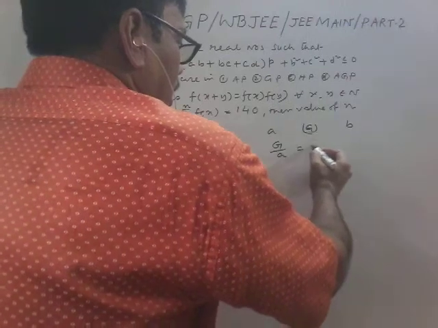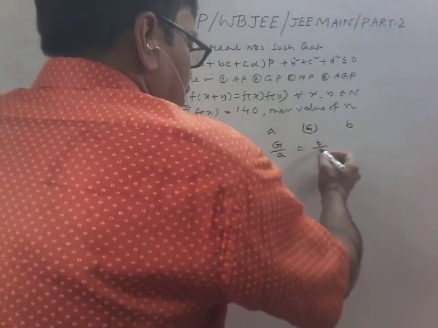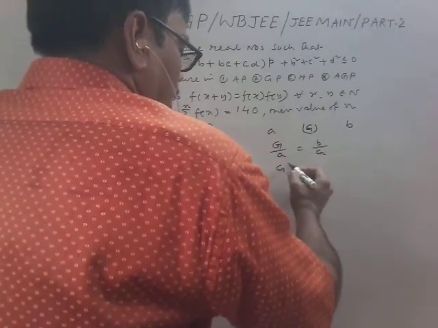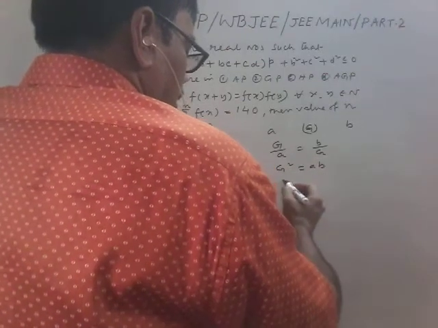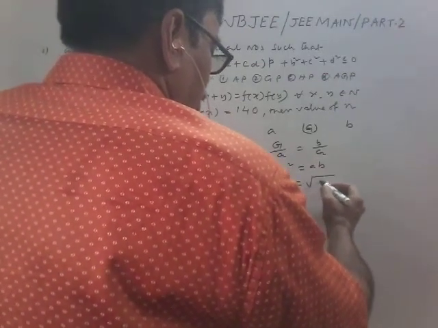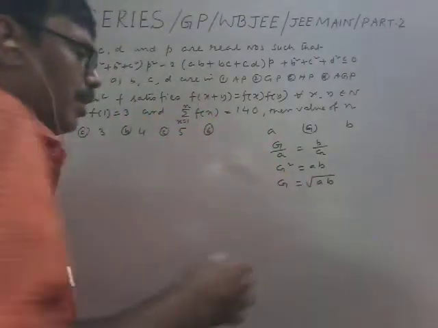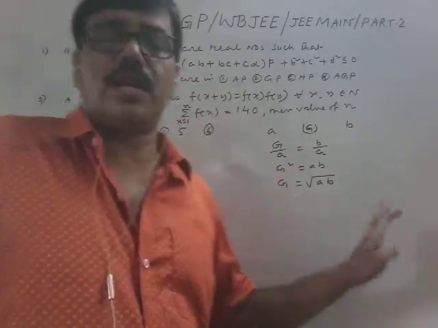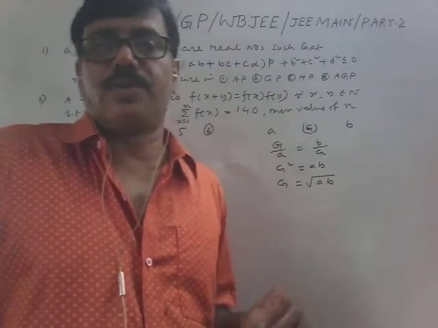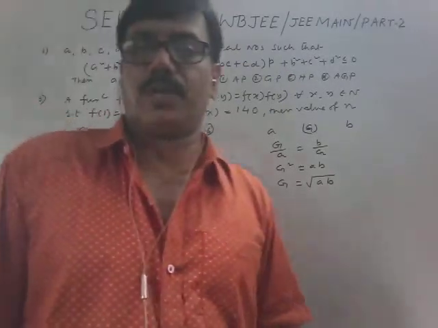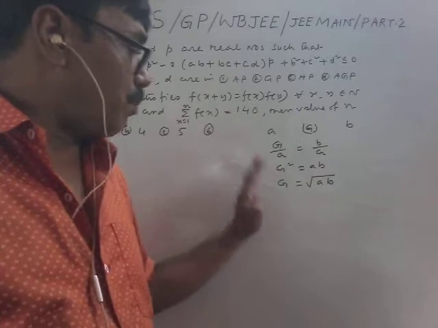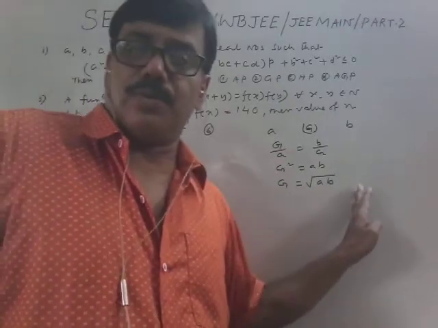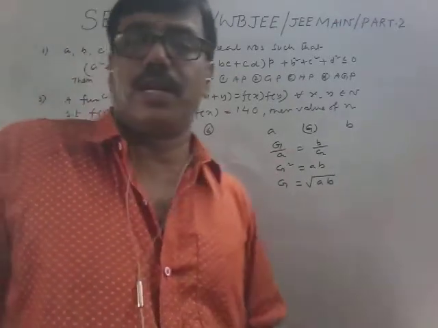G by A equals B by G. So G square equals AB. So G equals root AB. For two terms, this is root over AB. For three terms, this is ABC to the power 1 by 3. For AP, it is A plus B by 2. For GP, it is root over AB.